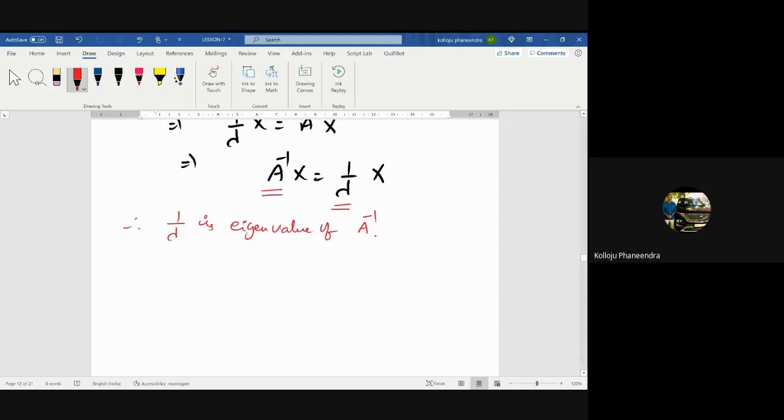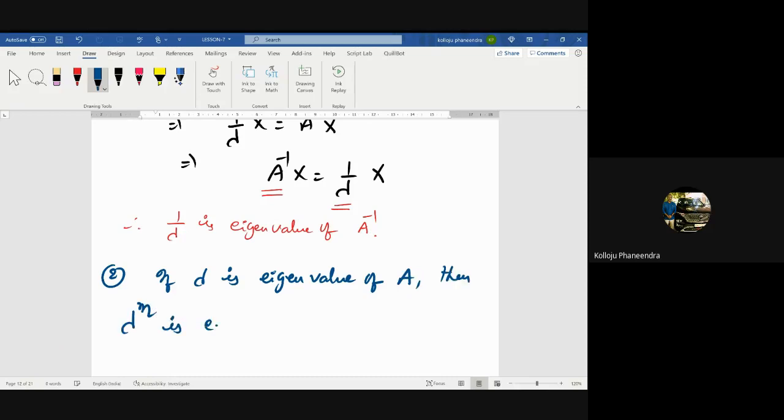Same, second one. If lambda is an eigenvalue of A, then lambda power m is an eigenvalue of A power m.